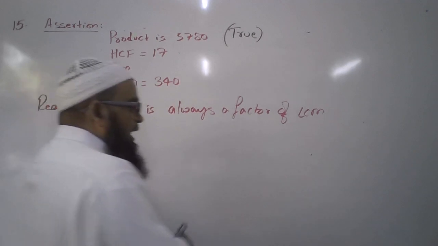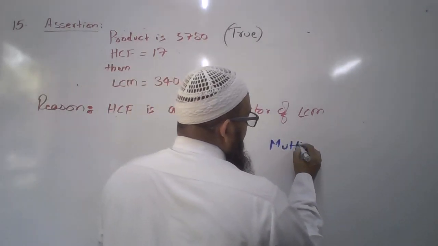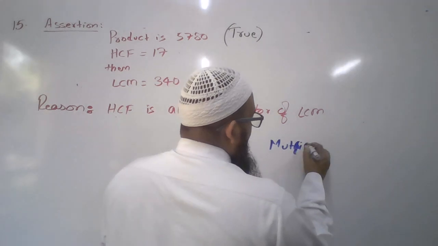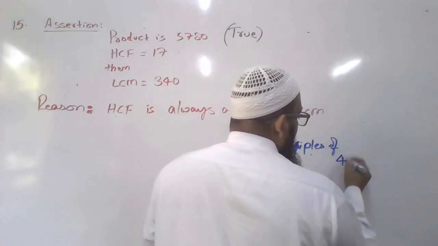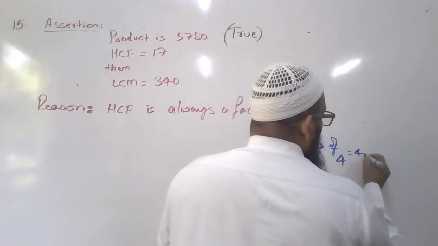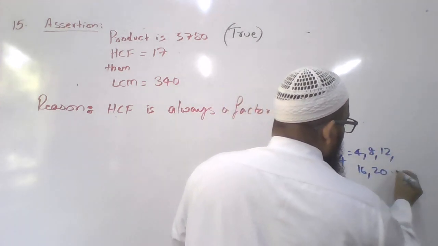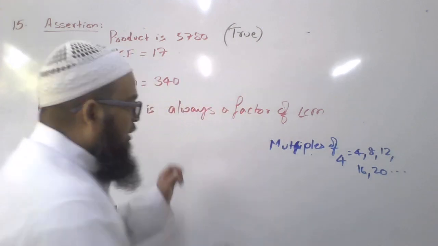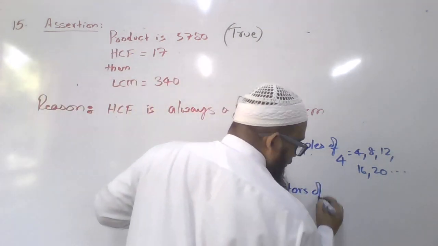Suppose, for example, let us see, I am writing multiples of, let me take 4. What are the multiples of 4? 4, 8, 12, 16, 20, and so on. Is it right? Now let me write factors of 4.